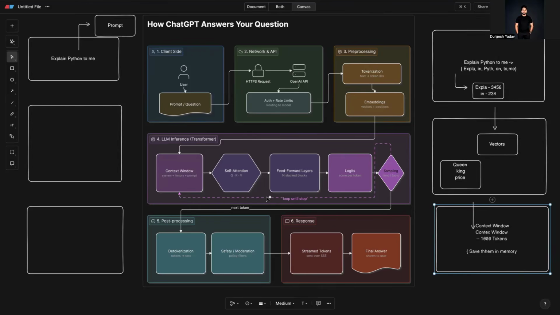So the transformer is the brain of AI, and this is basically called the transformer model. Now let me give you an example. The real magic that converts your questions into answers happens with the help of the transformer.